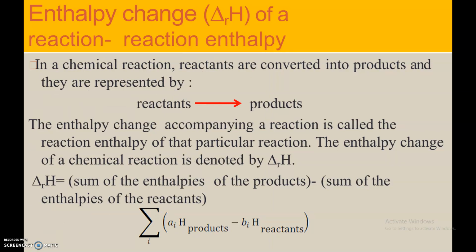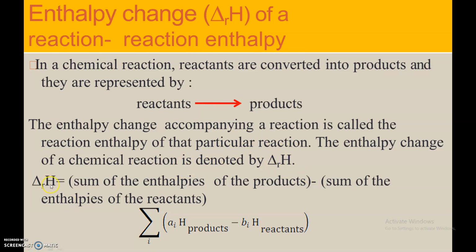So we will see how we find the enthalpy change of a reaction. In a reaction, reactants are converted to products. The enthalpy change accompanying a reaction is called the reaction enthalpy. While reactants are converted to products, there will be a heat change. The enthalpy change of a chemical reaction is denoted by delta rH.